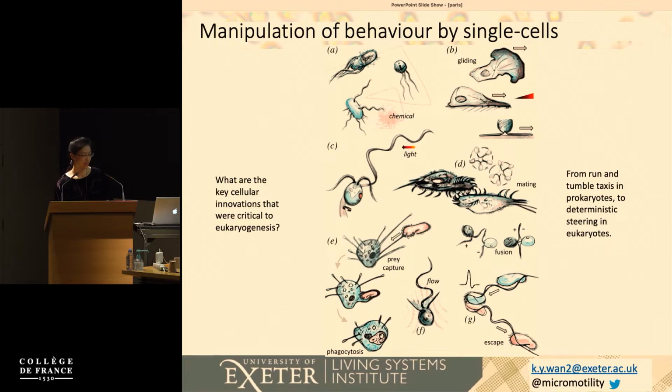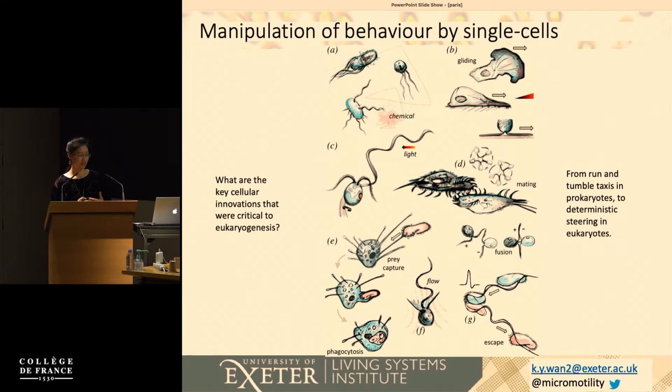It is quite striking the diversity of behavior that can be accessed by these single cells, almost all of which have cilia and flagella. I should just call them cilia. And then here is where you have your classical eukaryotic chemotaxis and classical eukaryotic cells that are capable of gliding on surfaces.